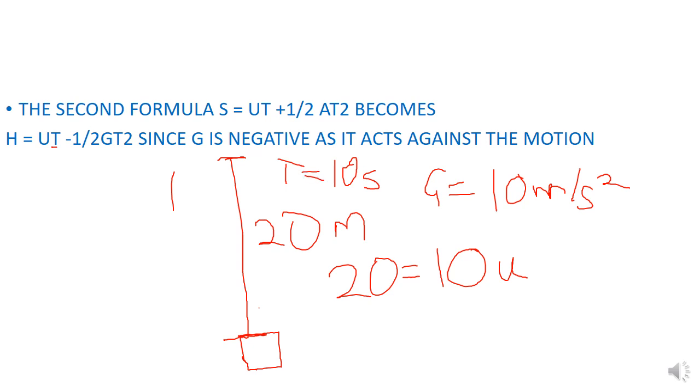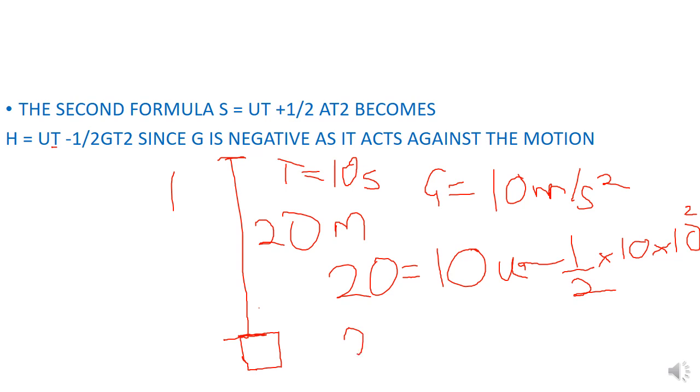So it is 10u minus a half g, which is 10, a half times 10 times t squared, times 10 squared. So a half times 10 times 10 squared is basically 500, because 10 times 10 squared is 100, times 10 is 1000, times a half is 500.